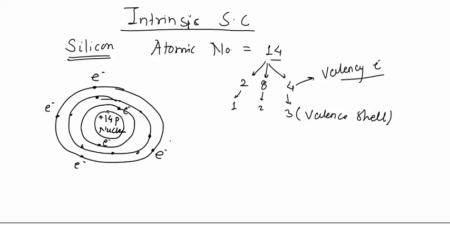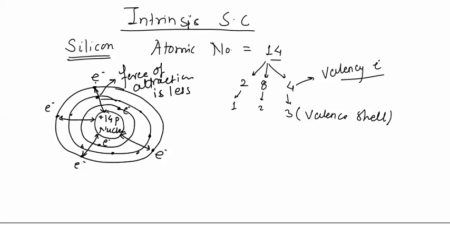Out of these 14 electrons, the valence electrons are in the outermost shell, means the distance between the nucleus and these valence electrons is more as compared to other electrons. So the force of attraction between negative and positive charge is less.